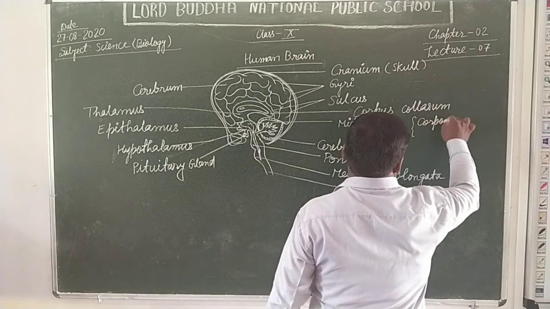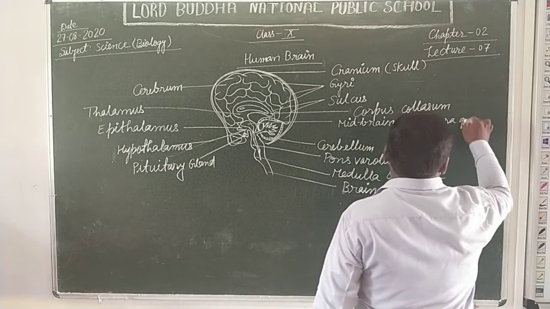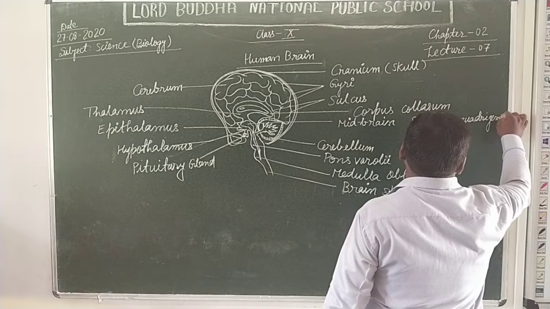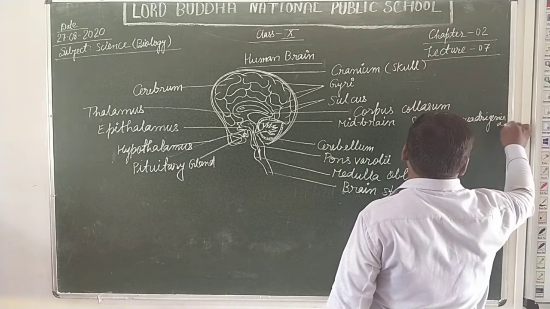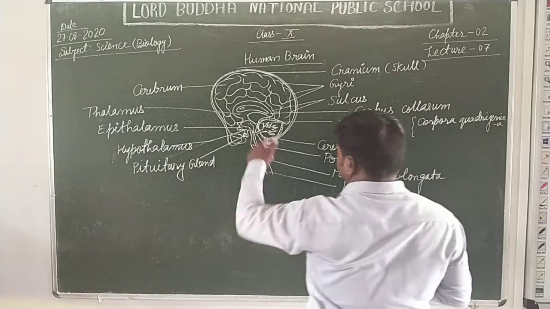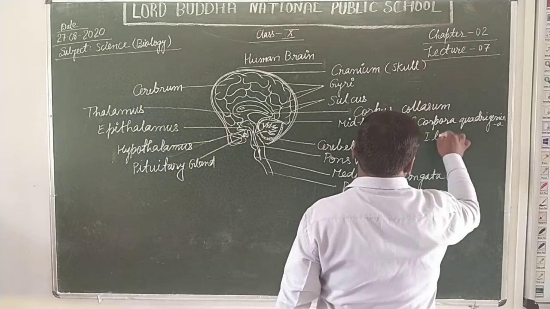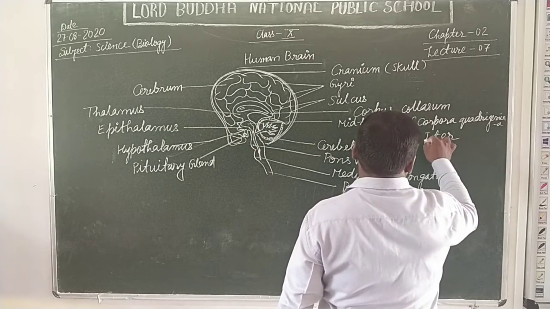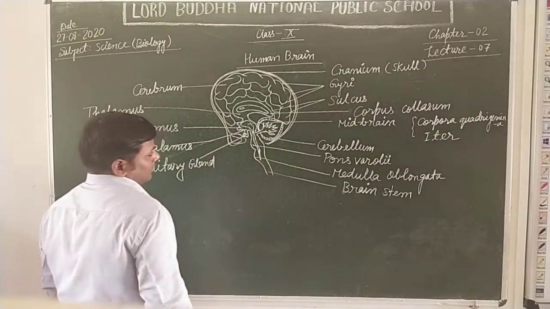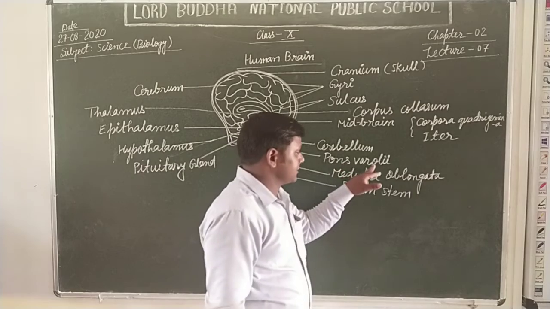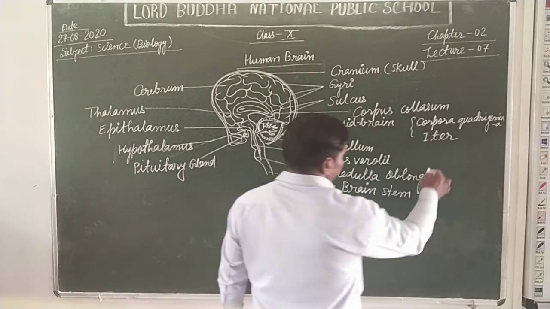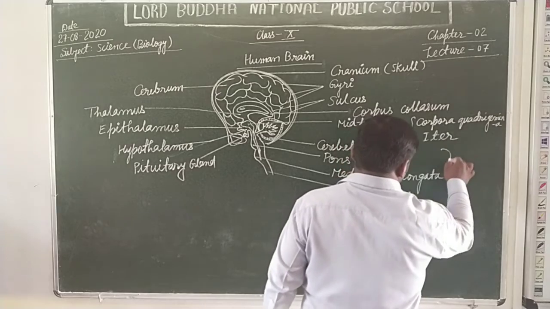Its floor part is called the iter, which opens into the first part of the hindbrain and helps in connecting the midbrain to the hindbrain.